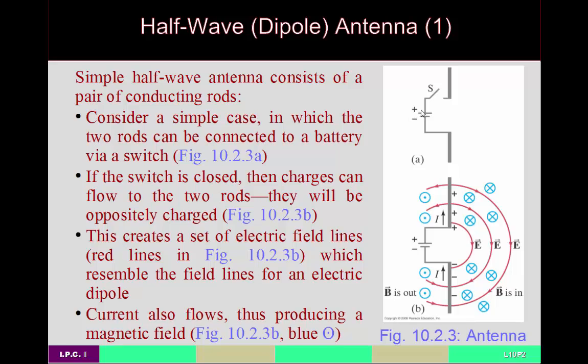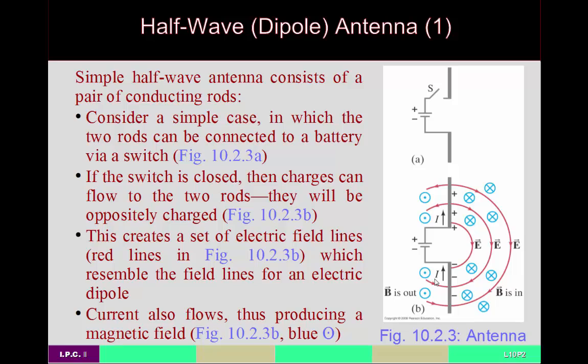Well, you can have some charges flow into the two rods. And so these two rods end up being oppositely charged, and therefore you get a series of electric fields that look something like this. And because you have current flowing, you also get a series of magnetic fields that look something like this.